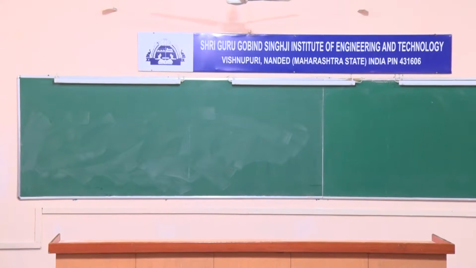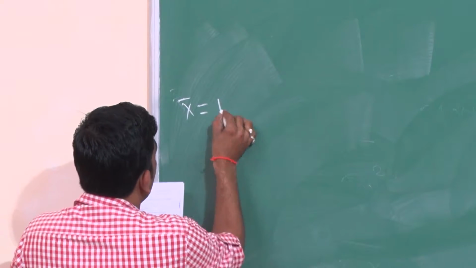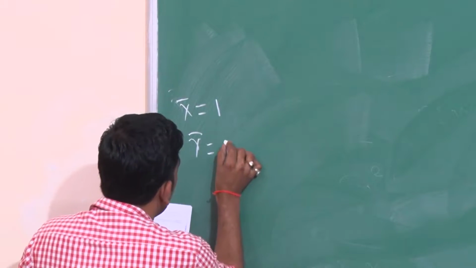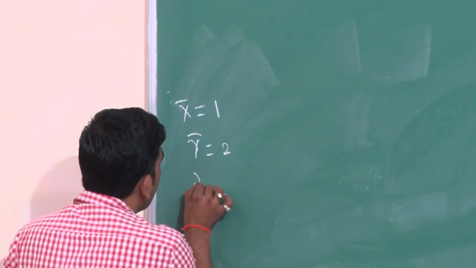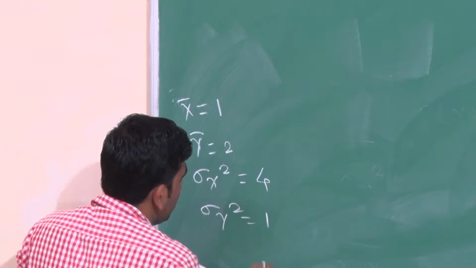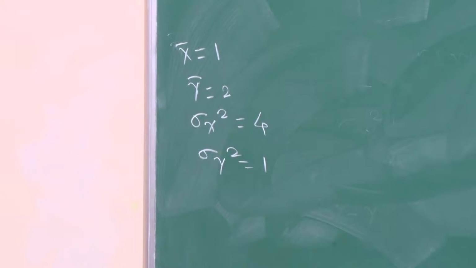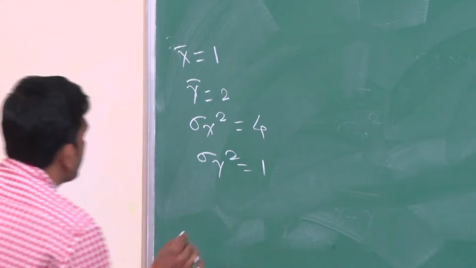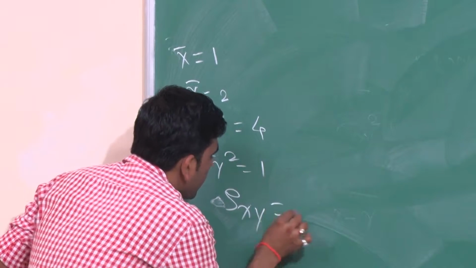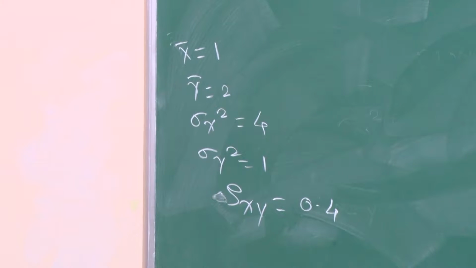Write down two random variables x and y. Two random variables x and y have means x bar equal to 1, y bar equal to 2, variance sigma x square equal to 4, sigma y square equal to 1, and a correlation coefficient equal to 0.4.